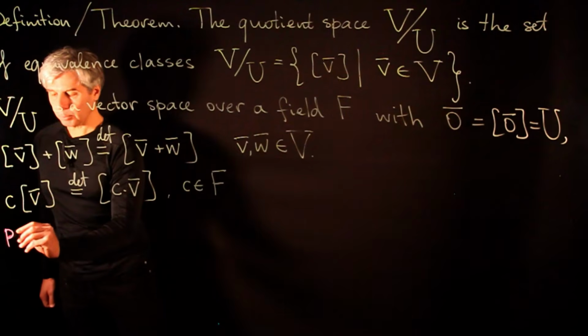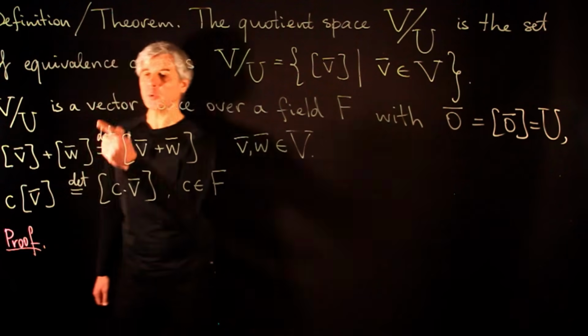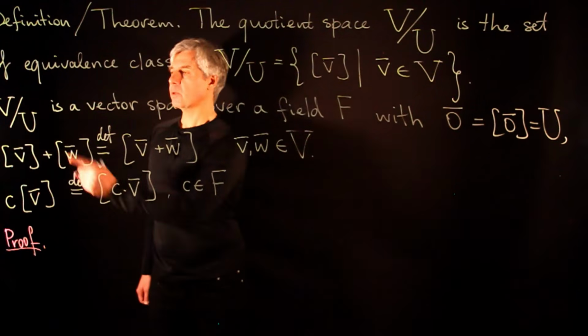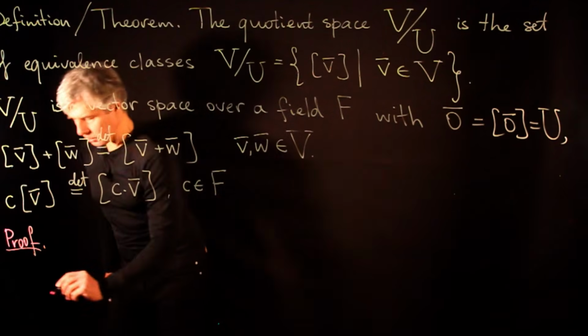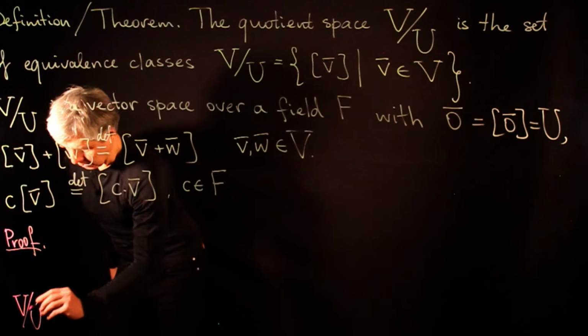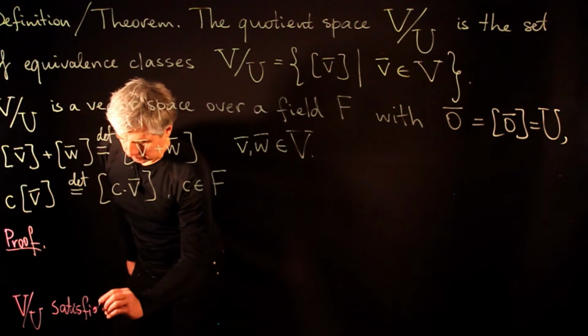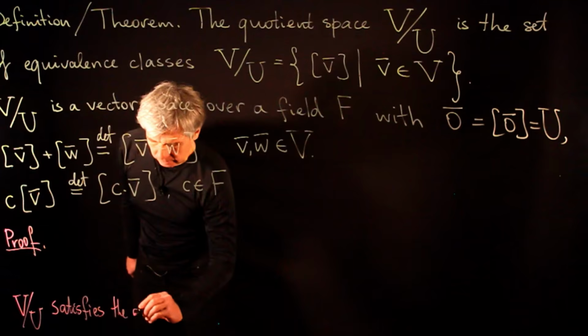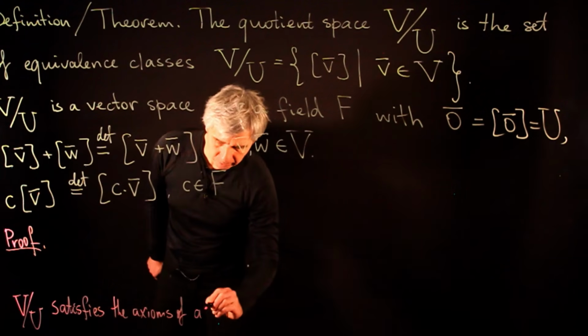Let us give the proof of this theorem. Here we need to prove that this quotient space is a vector space over a field F. So we need to show that the quotient space satisfies the axioms of a vector space.